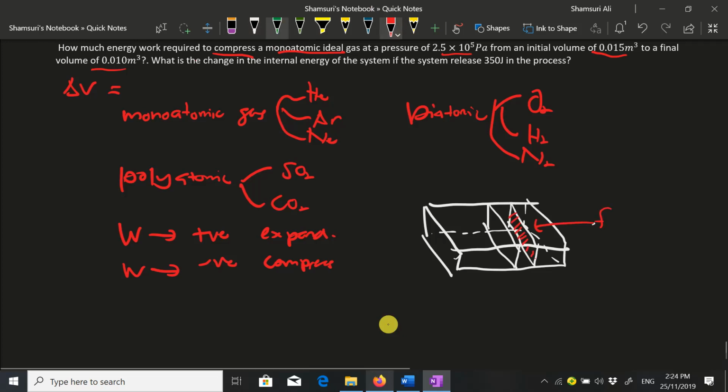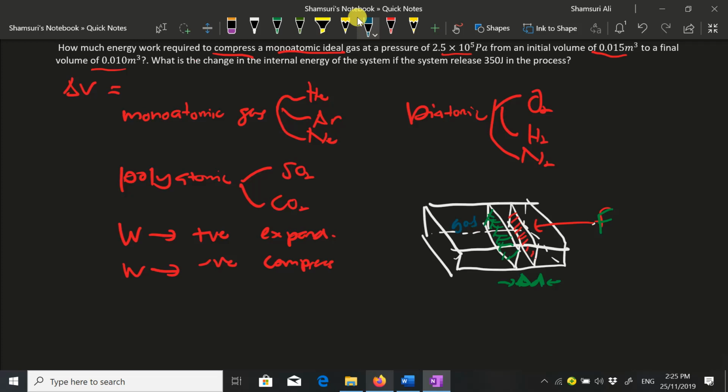The force moves this into this distance, so they have a little change, some change of delta d here. The force applied here compresses the gas inside. For example, we have the gas inside here, it's compressed, so the gas inside here is compressed.